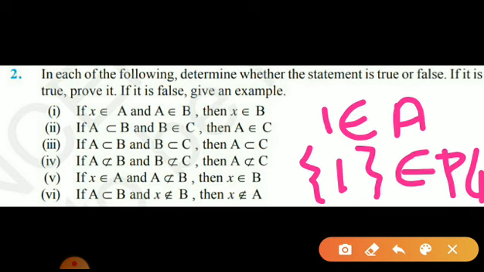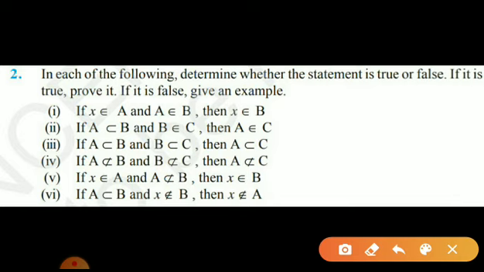Singleton 1 is already a set, but since I am writing P of A, it will be an element. So if X belongs to A and A belongs to B, can I say that X will be a member of B? It won't be a member. See the example.